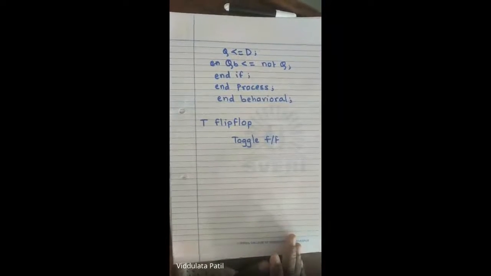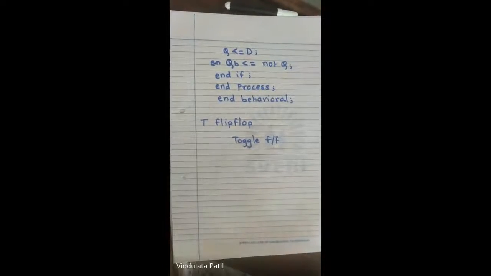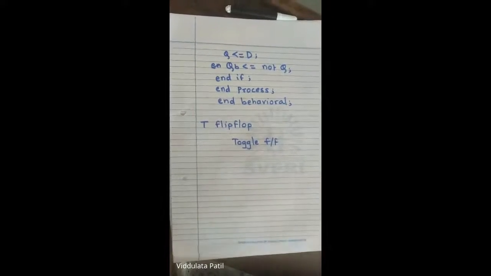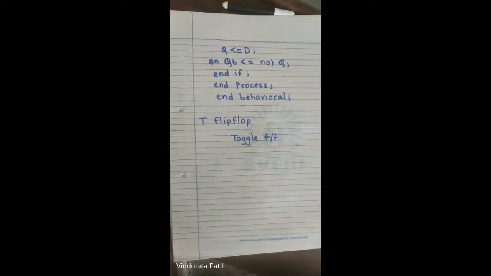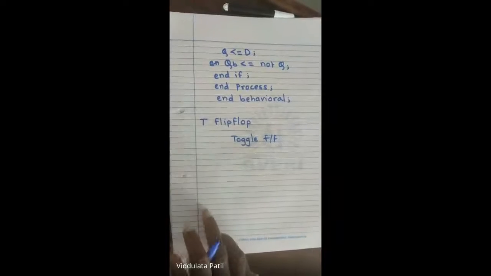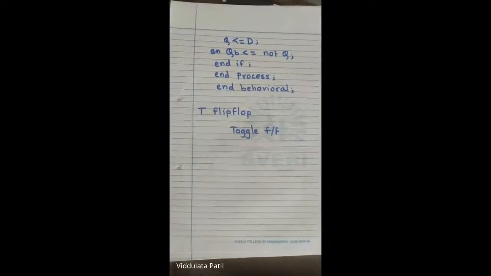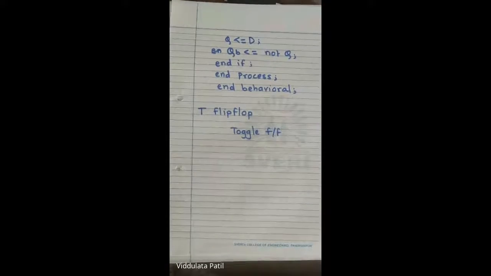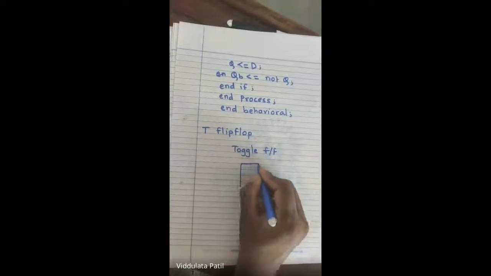That means suppose T is equal to 0, then it will change to 1. If T is equal to 1, then the output will change to 0. So in that way there will be a change in the output of this circuit. Okay, so let us draw the symbol of this T flip flop.